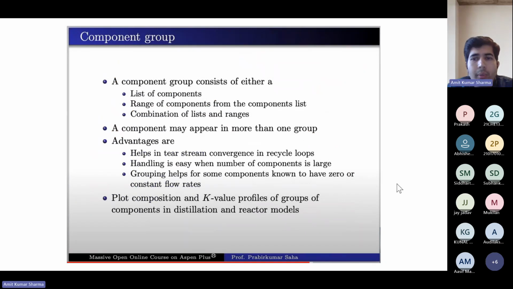Then the component group. A component group consists of a list of components. We can make a component group in which we define a list of components, a range of components from the component list, or a combination of lists and ranges.